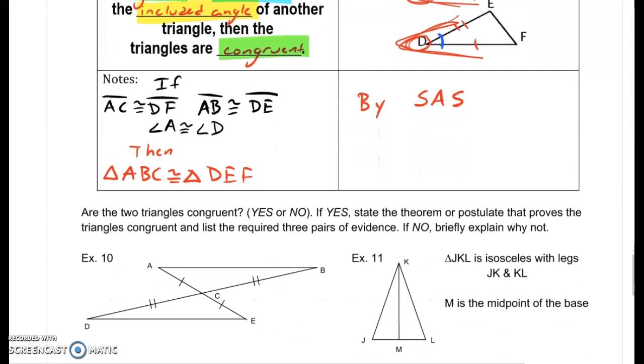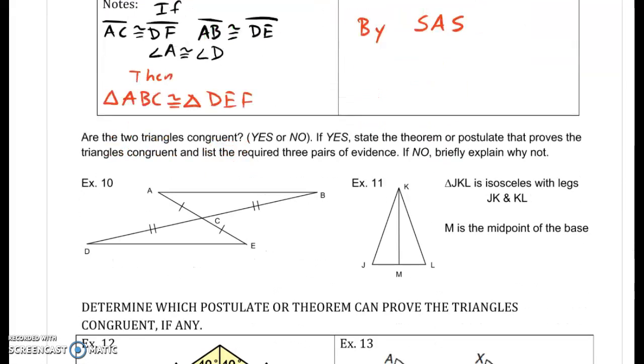Go ahead and try the next two examples on your own. Prove that the two triangles are congruent. If not, explain why not. For this first one, we know that AC is congruent to CE, and that is known as a side. We have these vertical angles, so angle C is congruent to angle C. This is an angle.